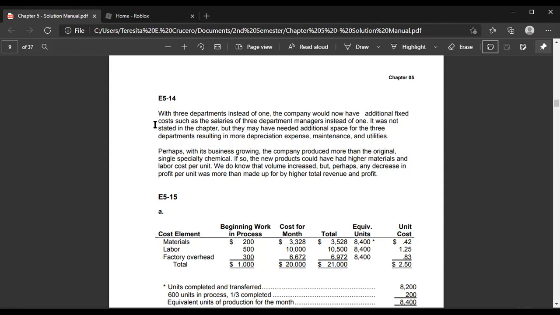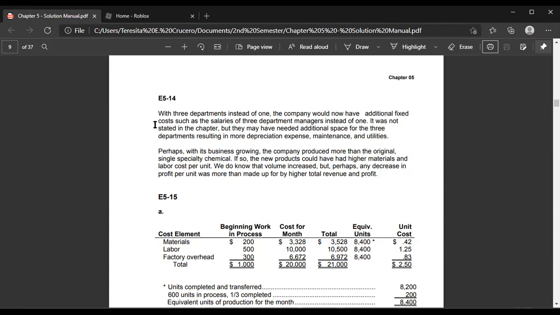So if you now consider the units to be accounted for in the blending department, we have 1,000 units and 7,800 units. Now let's stick to the formula that I gave you. The units to be accounted for in the blending department: the units beginning 1,000, and then the units received from mixing.